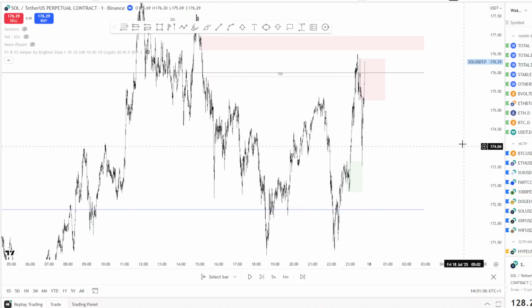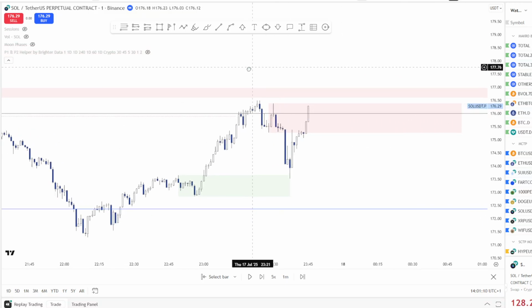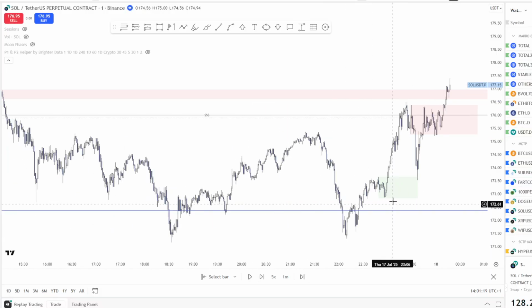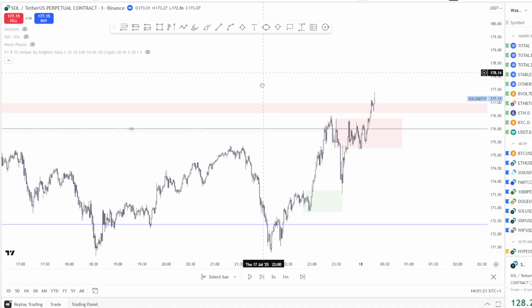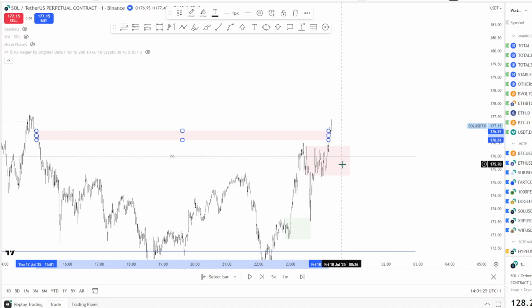range. Range requirements are there. So let's see. What you don't want is to trade a failed Model 2 that goes over into another Model 2.